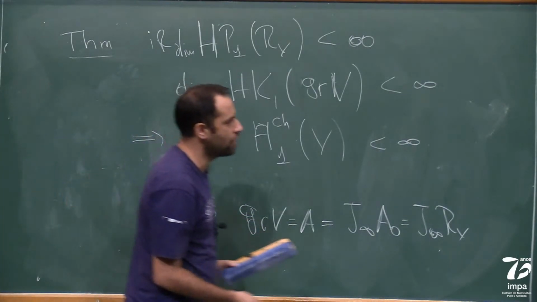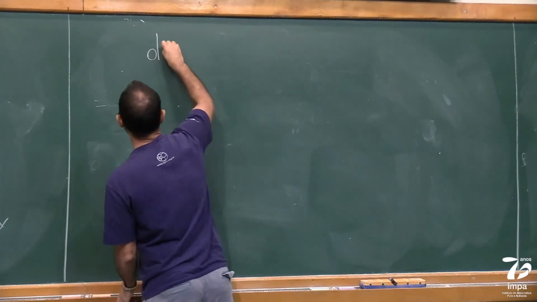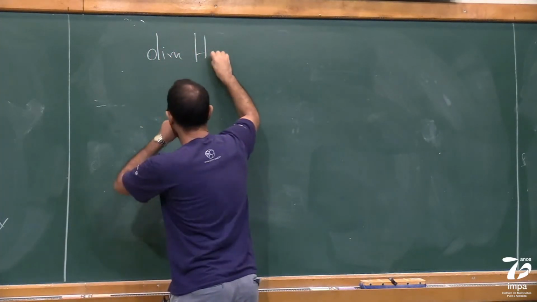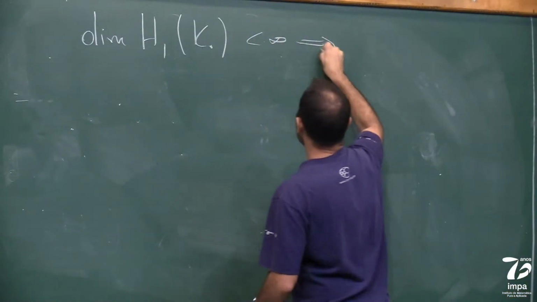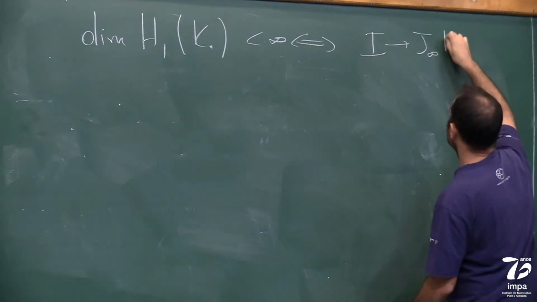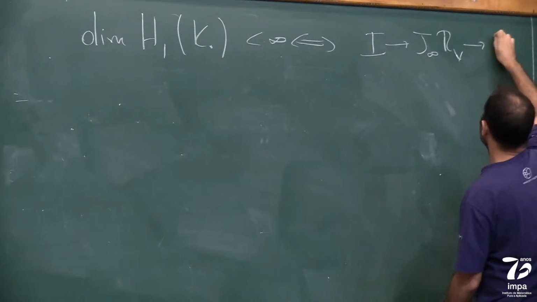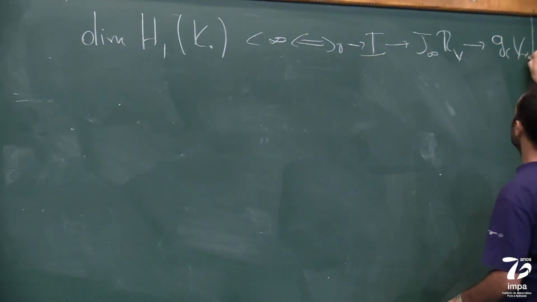If you followed the proof of the theorem today, the same proof gives you for free that the dimension of H1 of K dot is finite if and only if the ideal from the arc space of RV to the associated graded of V is finitely generated.